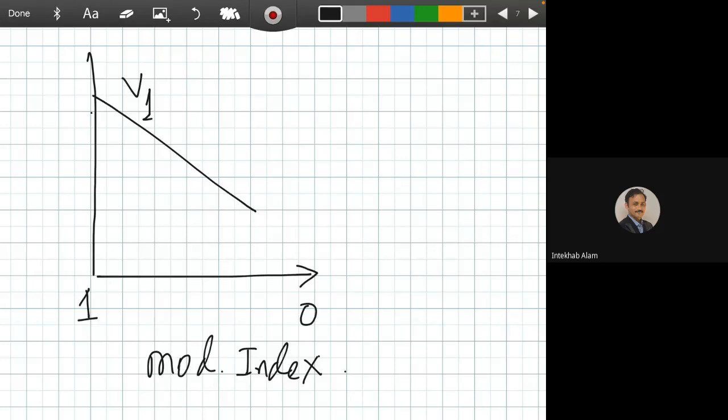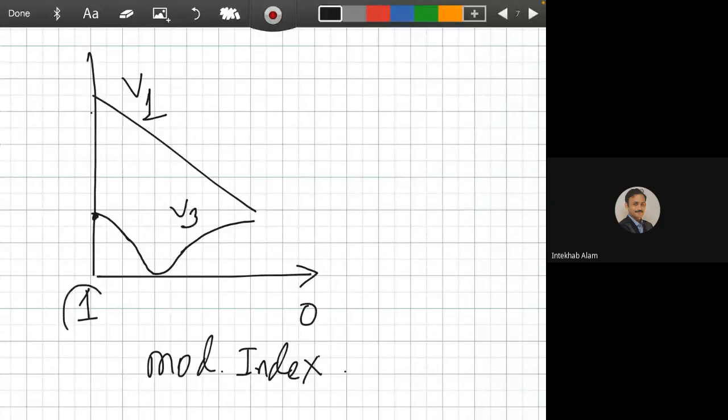Okay, if you go for V3, what will be the output? It will start from here, and you will find the modulation index is like this. This is actually for V3. You may find this part.